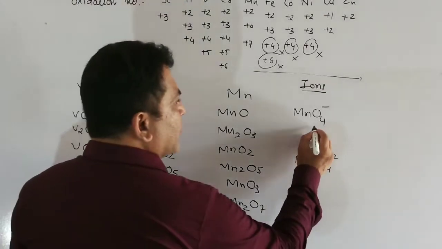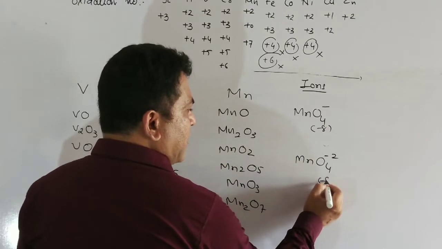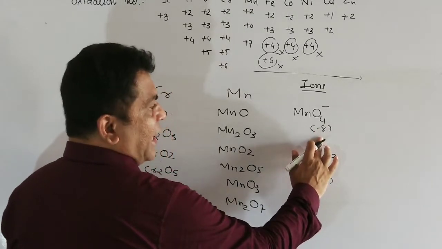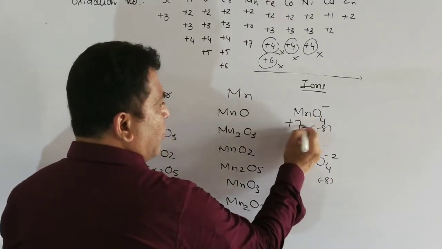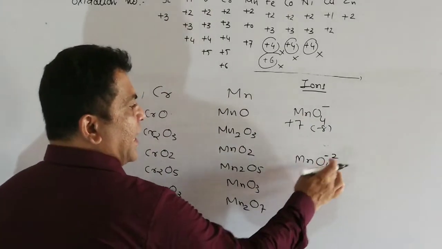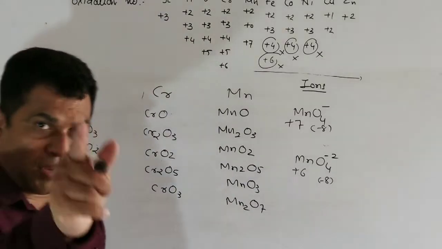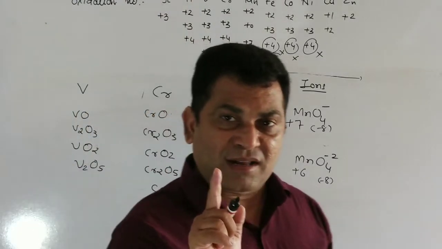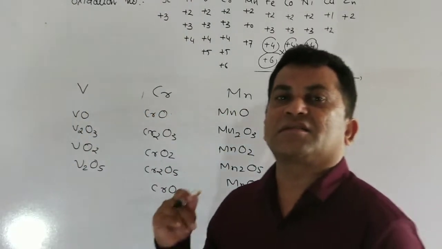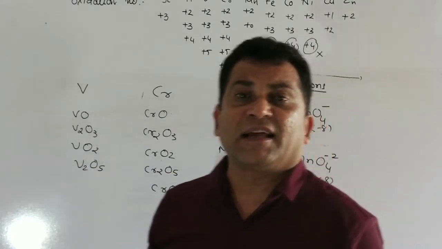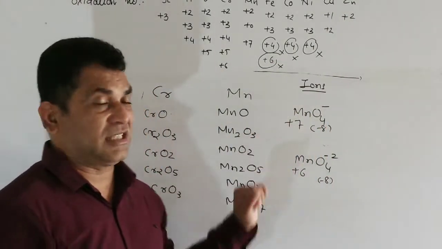Dear students, this is minus 8, this is minus 8. Minus 8 means 8 minus 1 is plus 7 oxidation state, and here 8 minus 2 is plus 6 oxidation state. What you have to remember is that when there are such different oxides, we can name them according to their oxidation state.